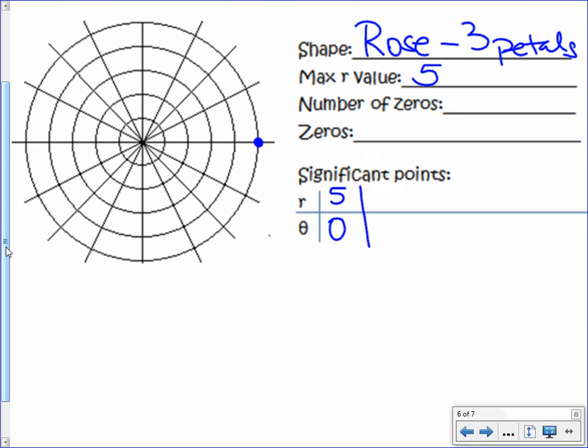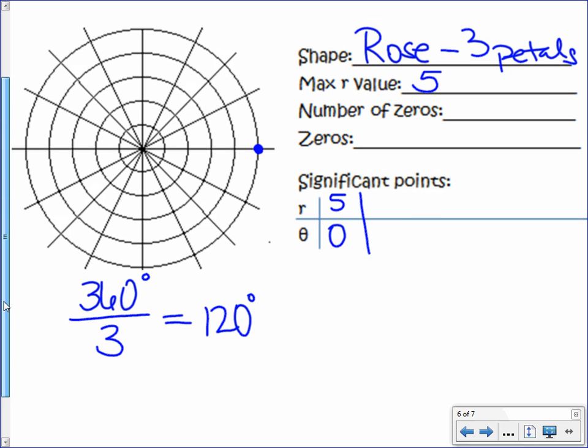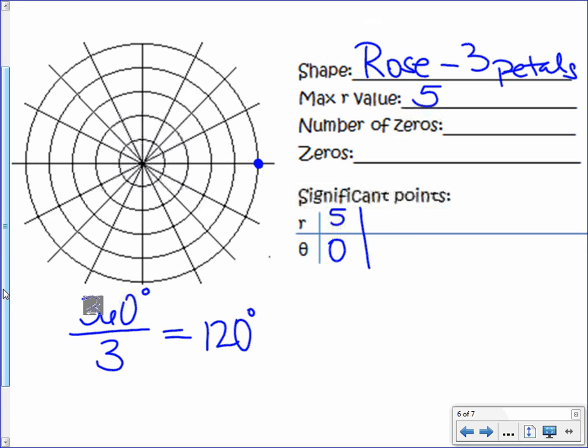There's 360 degrees sitting in front of you, and we know those petals have to be spaced evenly apart. So if we divide that by 3, we know our petals have to be 120 degrees apart. So if we have a petal at 0 degrees, then we have a petal at 120 degrees, which would mean our next petal would be at 240 degrees.